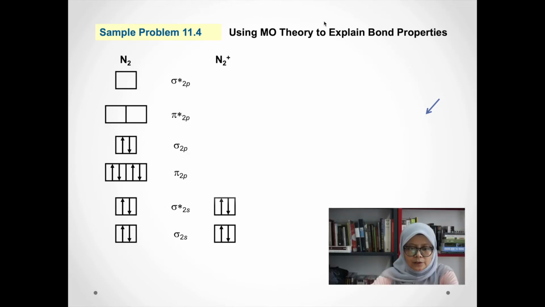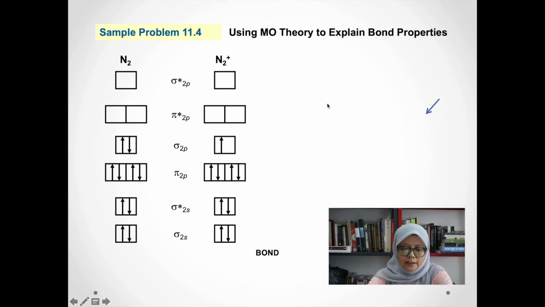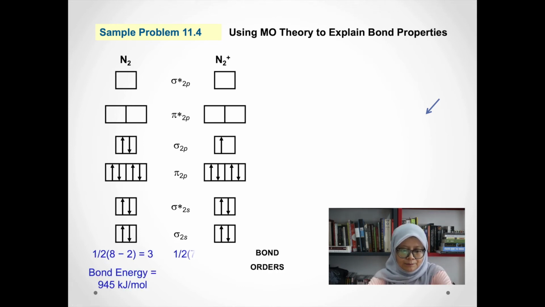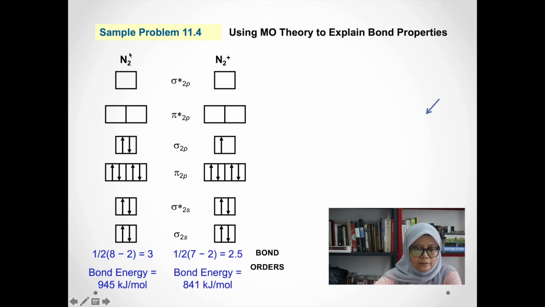So this is a sample problem for nitrogen N2 and N2 plus, and here we have the bond order for N2 and also N2 plus.